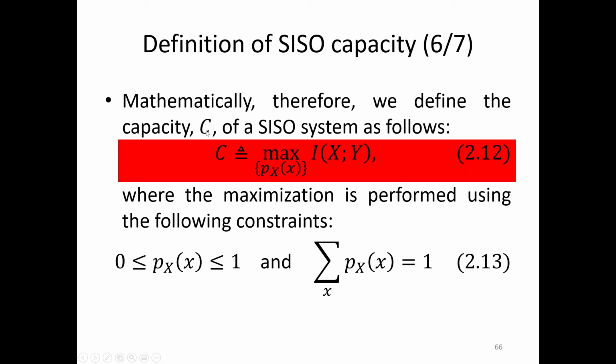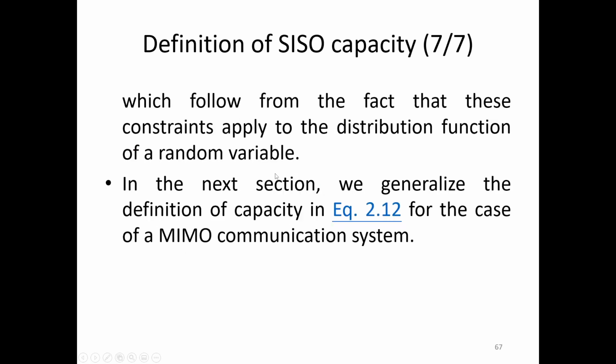The capacity C of a SISO system is defined as the maxima of the average mutual information between X and Y, and the maximization is over all possible P capital X of small x. That is, all possible PMF of the input of the channel, that is capital X.